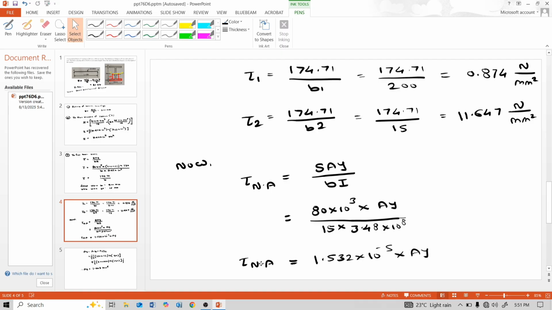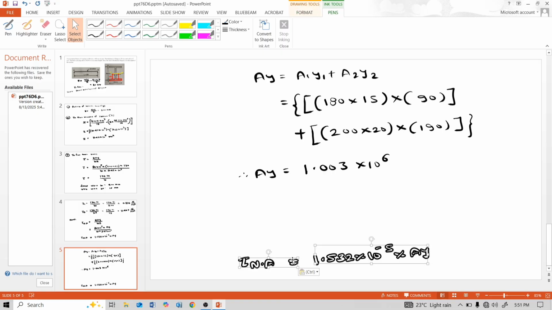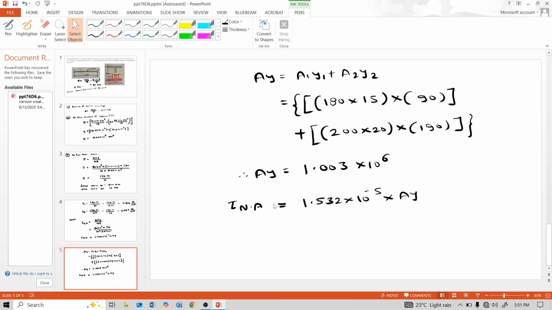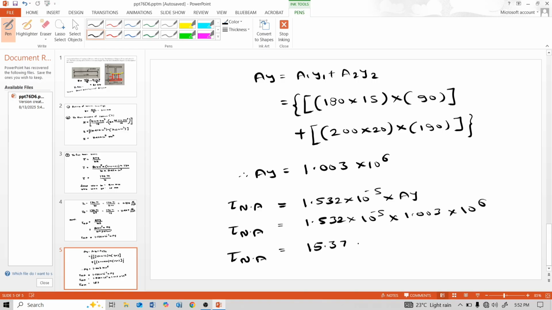Tau NA is equal to 1.532 multiplied by 10 raised to minus 5 multiplied by 1.003 multiplied by 10 raised to 6, which is 15.37 Newton per mm square.